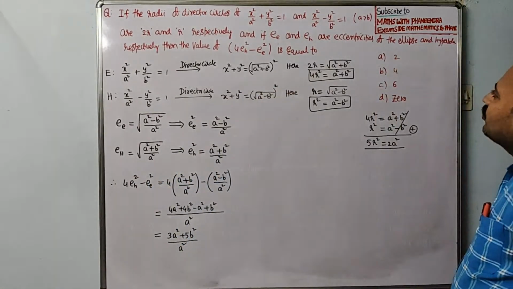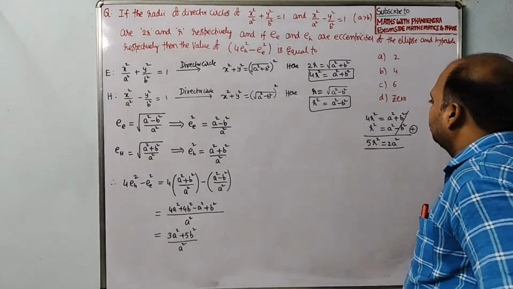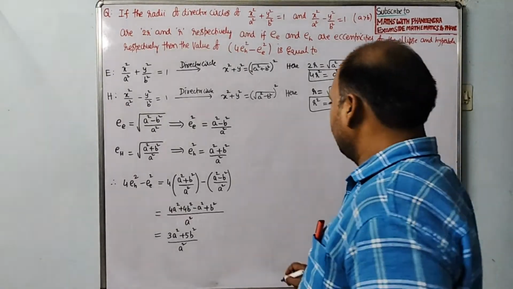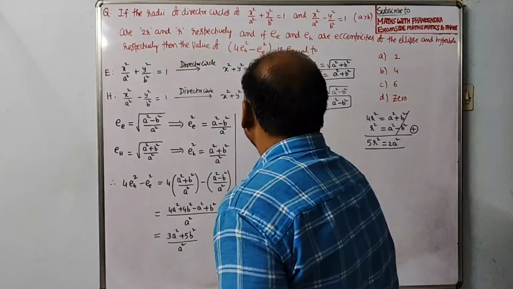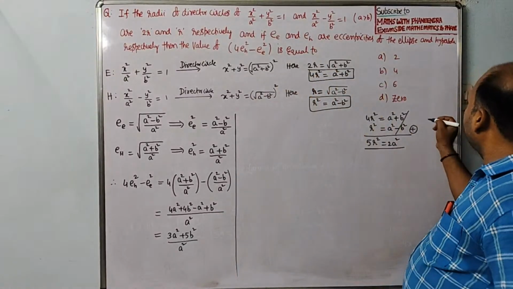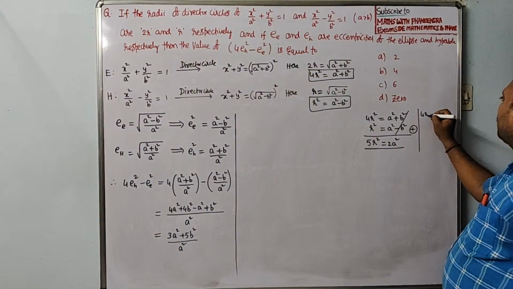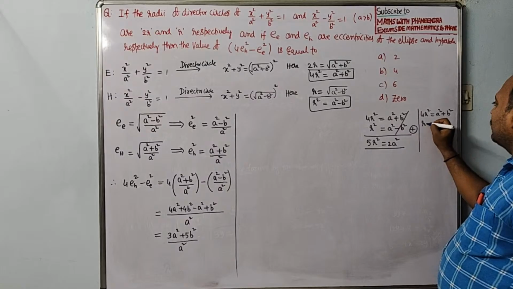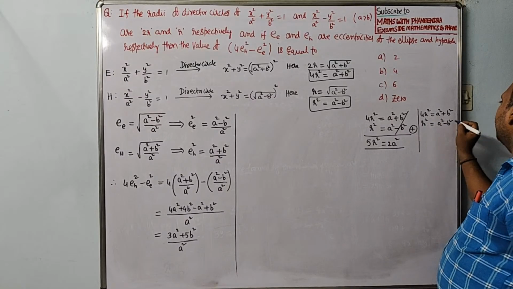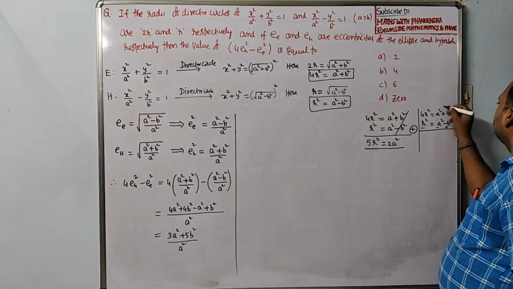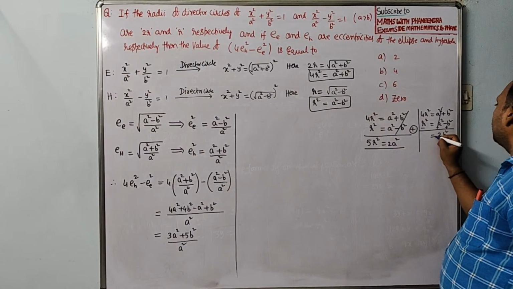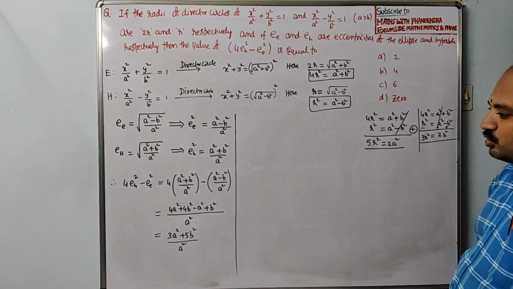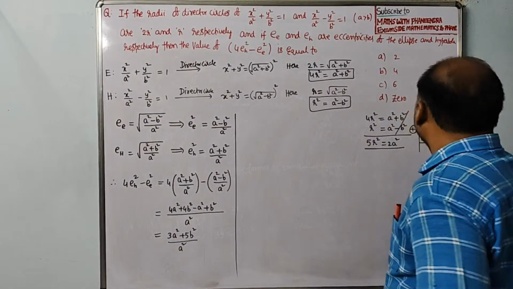So what they are asking to find? If you subtract, what happens? 4r square is equal to a square plus b square. Next, r square equal to a square minus b square. If you subtract, sign change now, these two will be cancelled. 2b square is equal to 3r square.